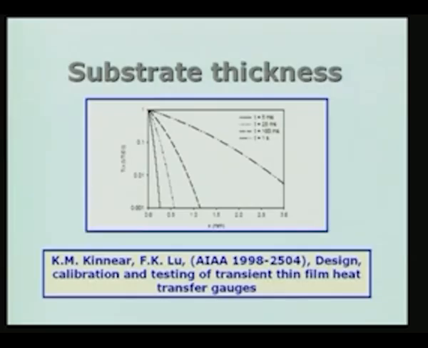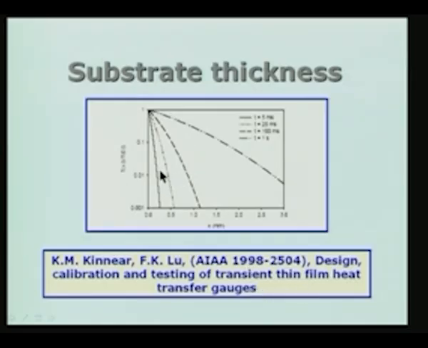That means that the surface temperature will show the square root of time dependence only if the substrate is thick enough to justify this. I have taken this figure from the paper by Kinnear and Liu, AIAA 1998-2504, design and calibration testing of transient thin film heat transfer gauges.